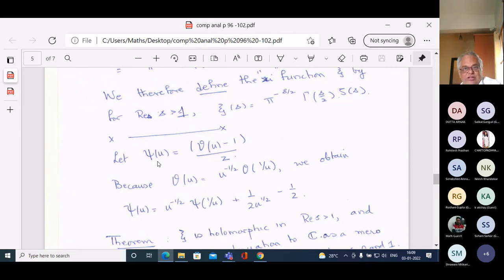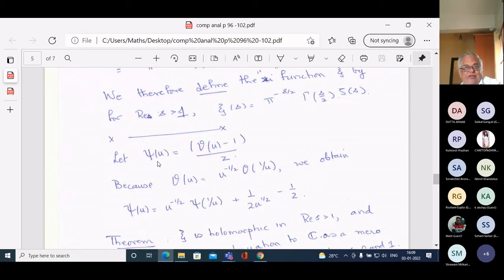And this is a very easy calculation to do. So you prove that psi of u is equal to u to the minus 1 half psi of 1 by u plus 1 over 2 u to the 1 half minus half.